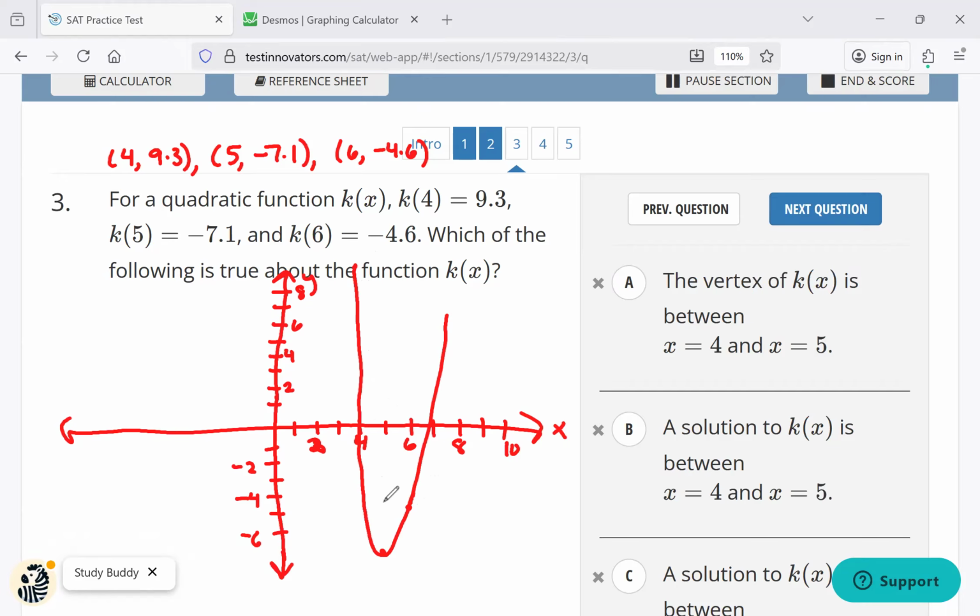It looks like you have a solution, a point on the graph, at an x value somewhere between 4 and 5. So I think it's going to be B, because a solution to k of x between the x values 4 and 5, right? That's true. The x coordinate is between 4 and 5. So that's why I think it's B.